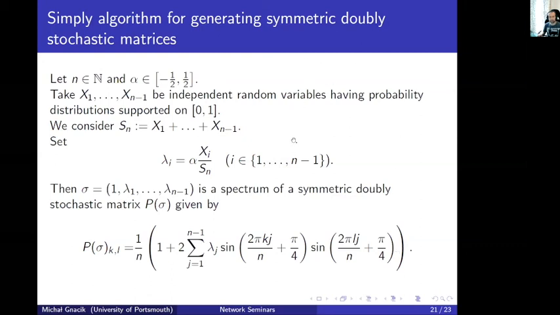So after the theorem has been proven, we actually got this matrix P. The algorithm that I wanted to get is relatively simple, and I can now randomly generate those matrices from the eigenvalues. However, of course, I'm only generating a subset of all the possible symmetric doubly stochastic matrices, right? So possibly improving delta from 1/2 to something better would allow us to modify this alpha so that we would get more and more matrices.